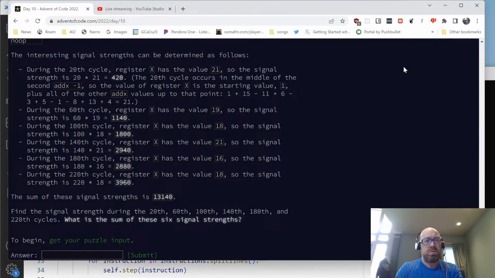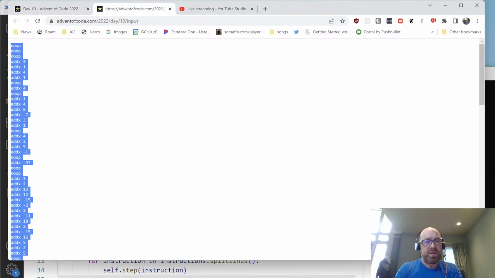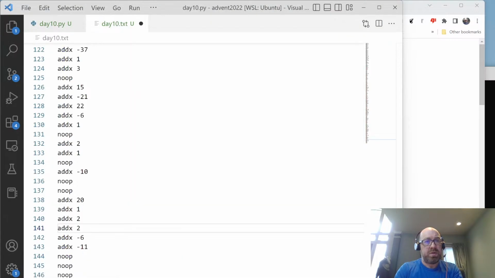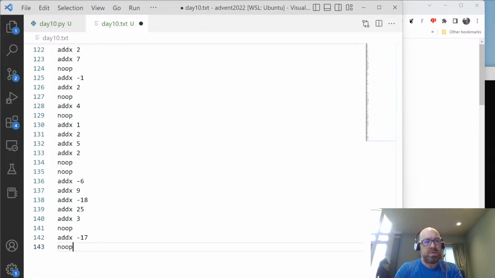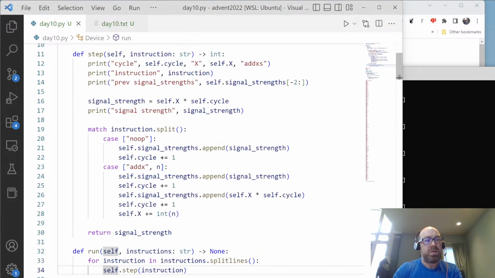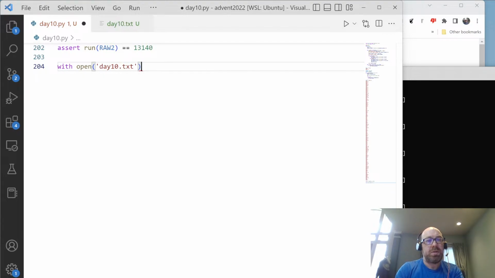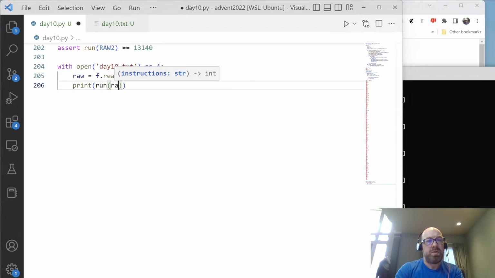So what is the sum of these 6 signal strengths? Now that I've gotten that one right, it seems likely that I will have gotten this one right too. Let's just go back and say, with open day 10.text as f, raw equals f.read, print run raw.